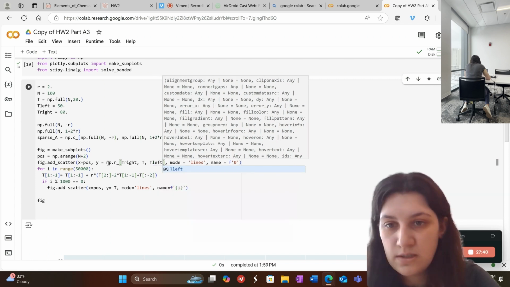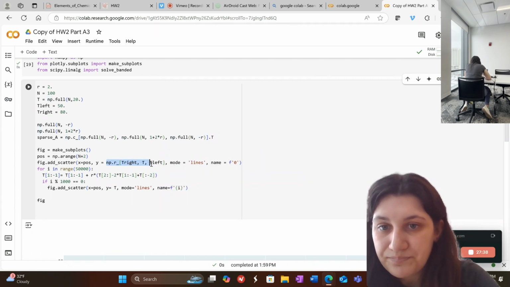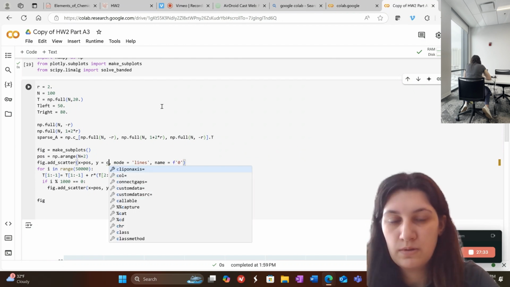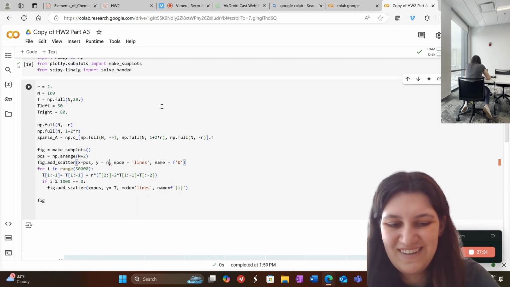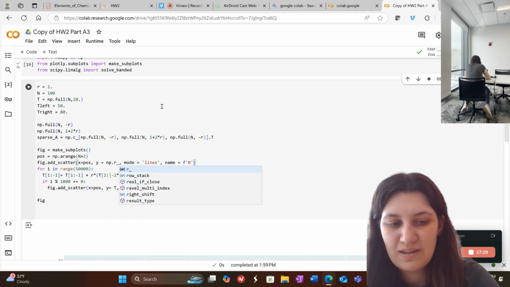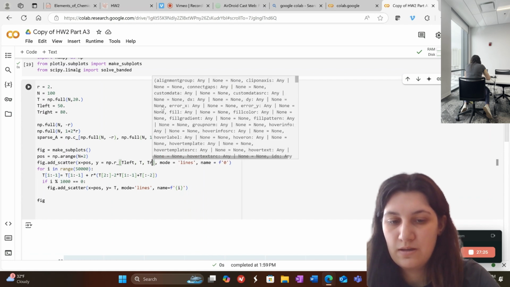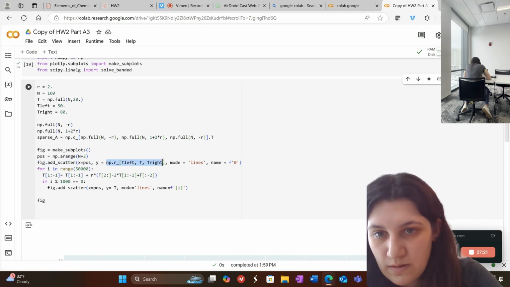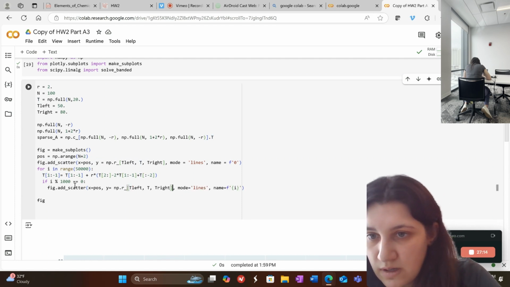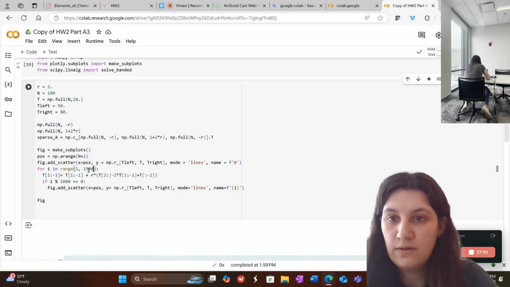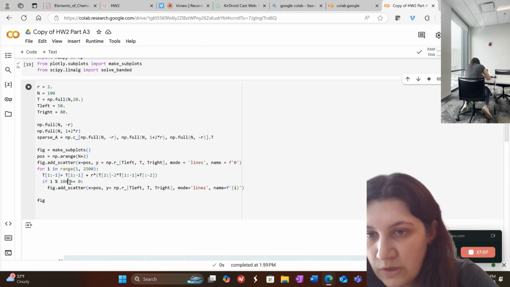So again, that's just adding on our known temperatures. We need that there, and we need it here. And this time we want to go from 1 to 2500 with 100 steps.